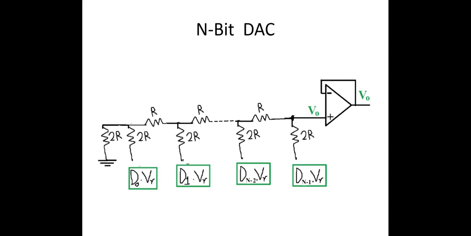So basically this puts the maximum limit on n, because for n above certain value K will be smaller or comparable to noise voltages, and then the circuit will not function properly. So that's why digital to analog converter with very large number of bits is not very common.